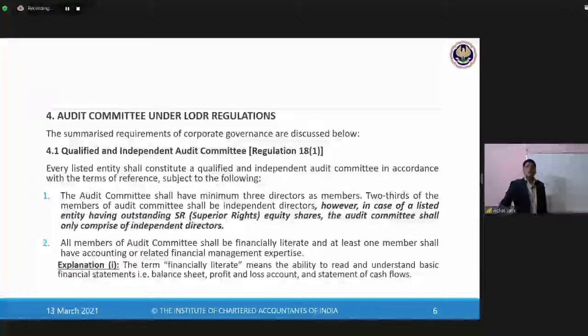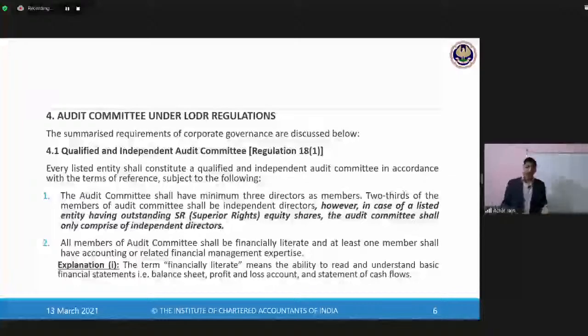Similarly, the Companies Act also requires certain provisions or certain requirements on the part of the audit committee. So, in respect of a listed company, we can say the listed company will not only follow the LODR regulations, it will also be required to follow the Companies Act.